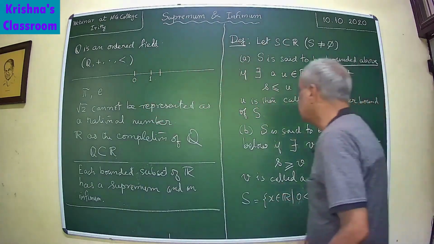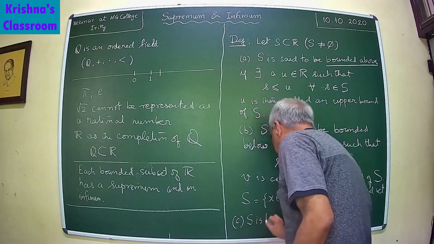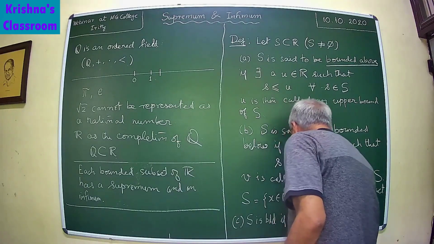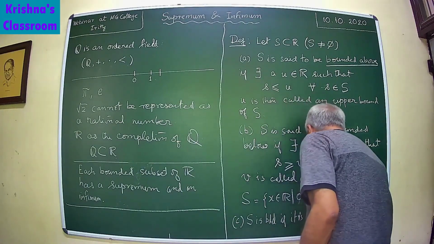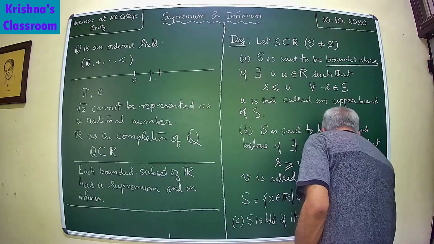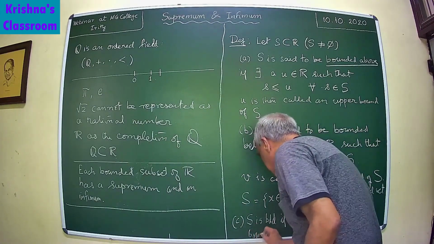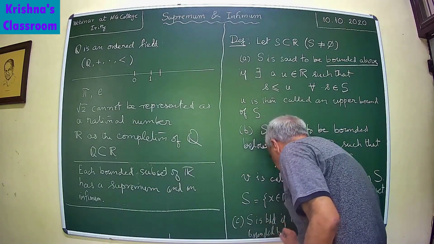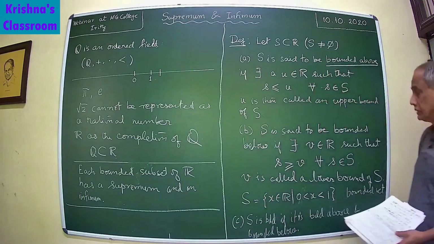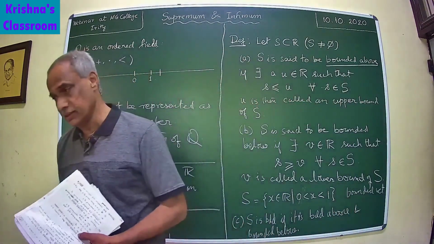S is bounded if it is bounded above and bounded below. If both these conditions are satisfied, then you say it is bounded. Otherwise, you say it is unbounded.